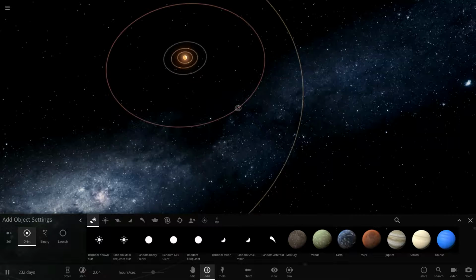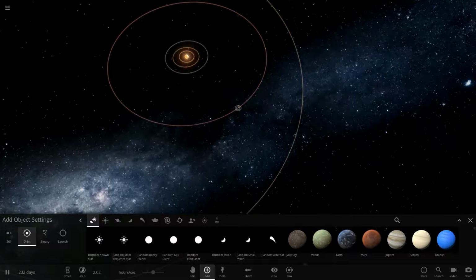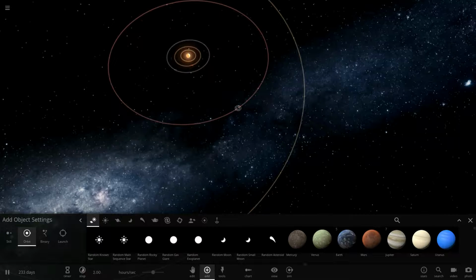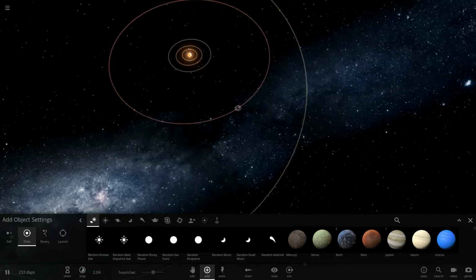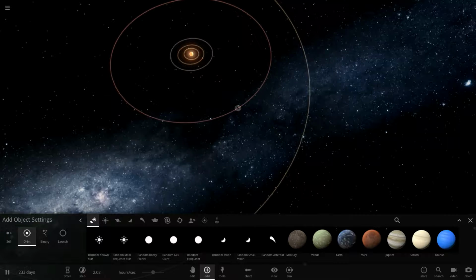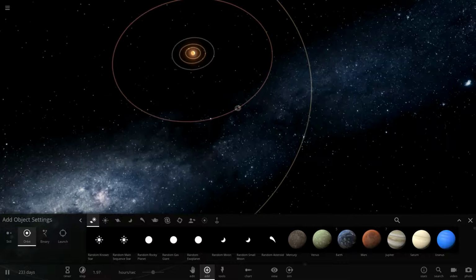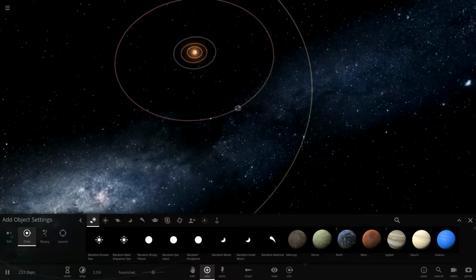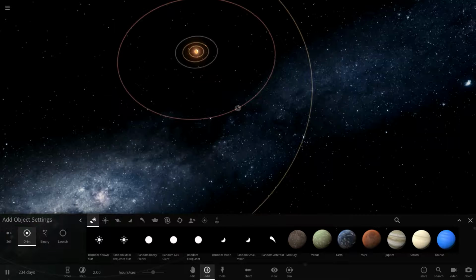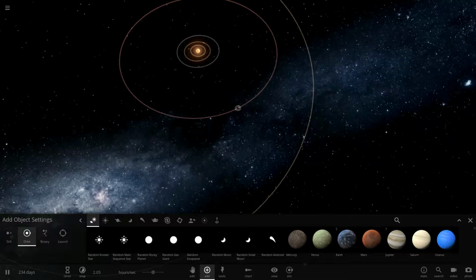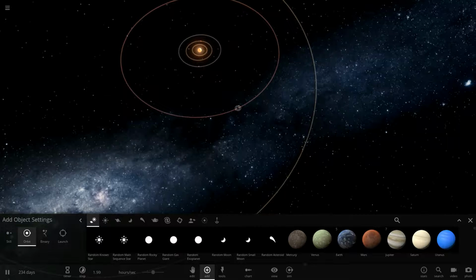Now that can happen, but it's rare. I mean, you're smashing a planet into another planet and changing its orbit, not just by a little bit, you are reversing that planet.